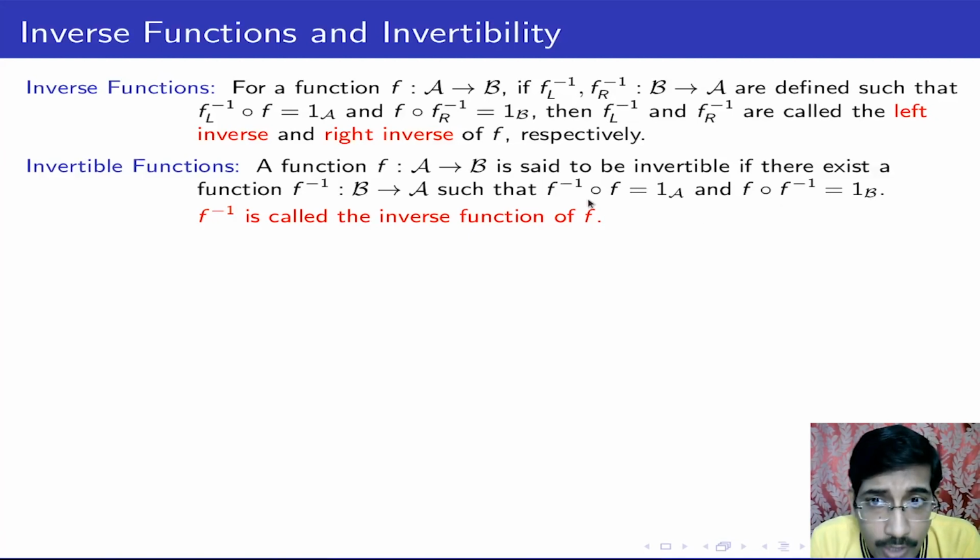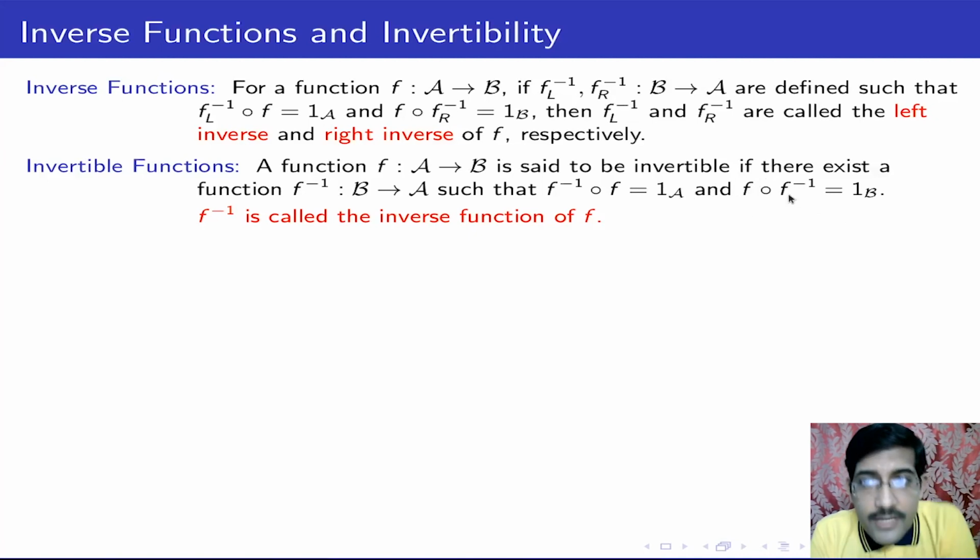Now a question to ponder, which I will address a little bit afterwards: I am saying that a function is invertible if there exists one such function where the left inverse and the right inverse are the same and produce the identity.